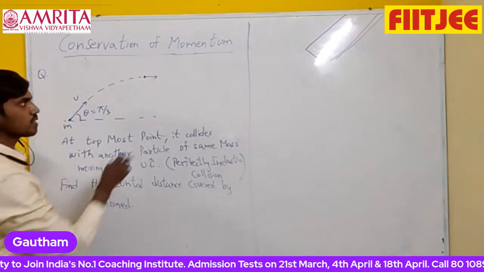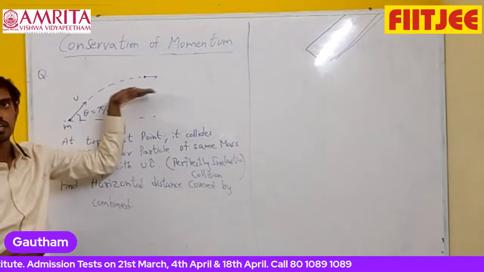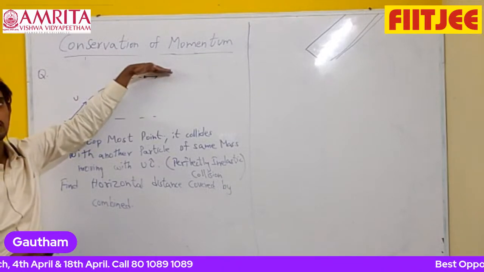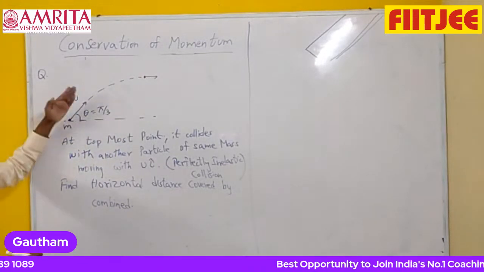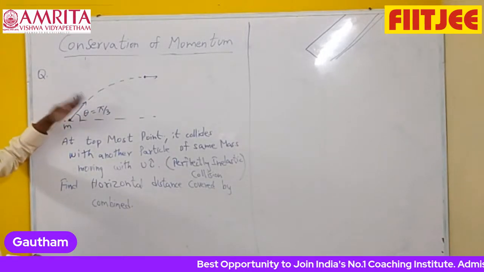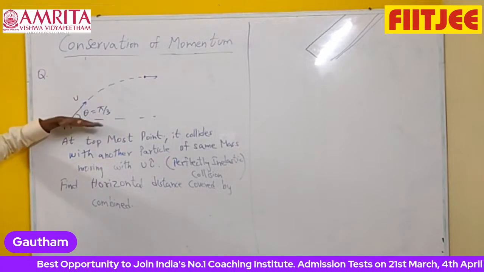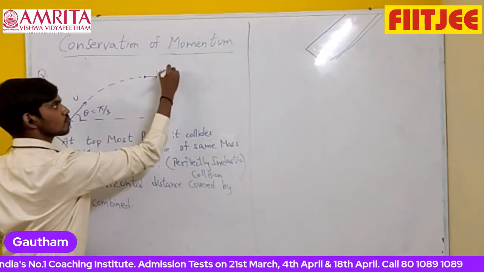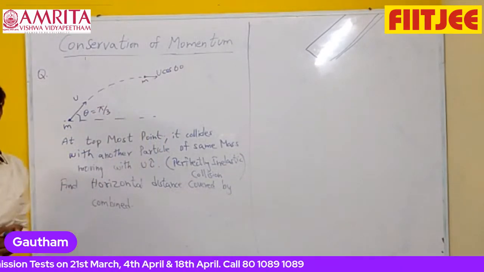What will be the final speed? X direction la acceleration illa, there is no acceleration in x direction, y direction matram gravity act aagudhu. So x direction la no acceleration, so x direction speed constant. Initial speed in x direction is u into cos theta, so cos of pi by 3 or cos 60. So u cos 60 is the initial speed for the first mass at the topmost point.